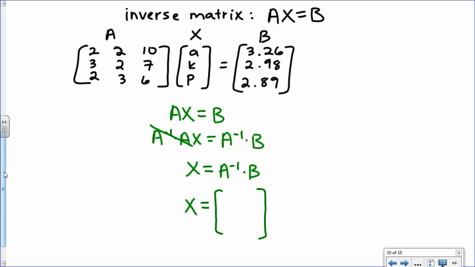So you should get 0.29, 0.39, and 0.19. Okay, that's what you should get. So that tells me that apples are 29 cents per pound.